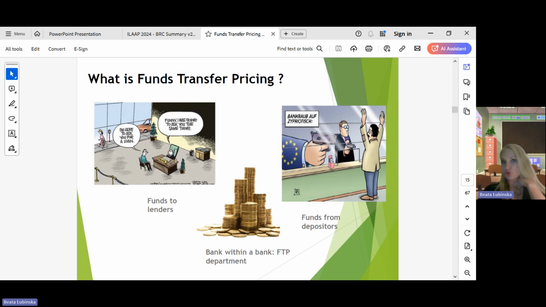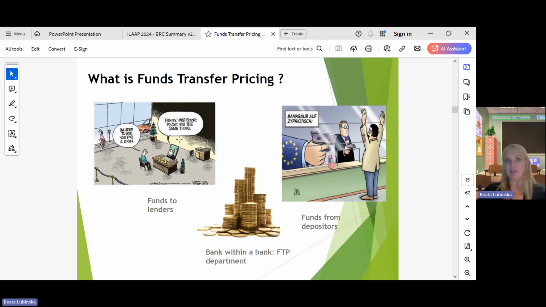And of course, they are consumers of liquidity because liquidity is lent on to the customers. So basically, these products are providing liquidity to customers. So therefore, we are talking about this business unit as liquidity consumer.